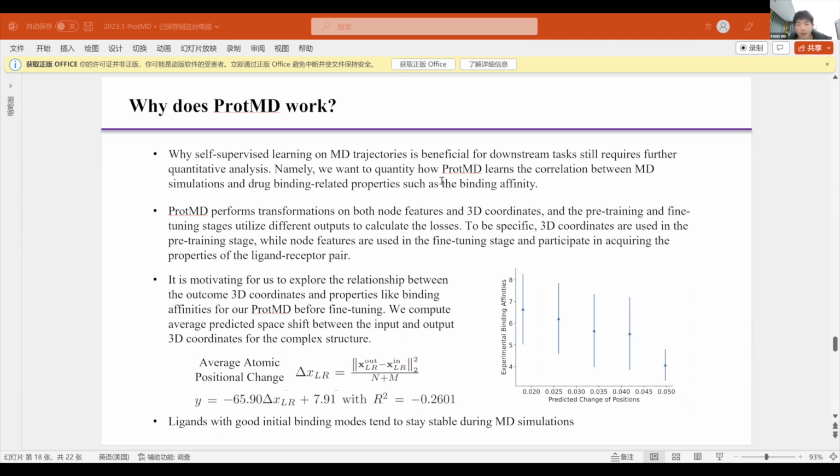I think the insight should be related to your downstream tasks. What information do you want to capture? In our case, we want to capture the conformation change and the flexibility during the binding process.